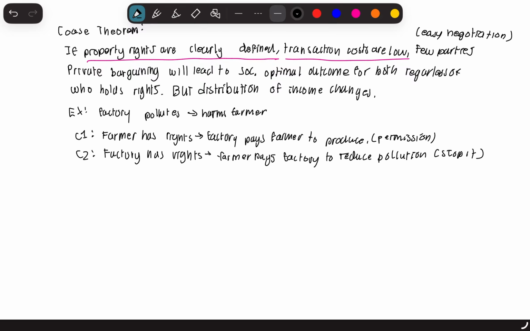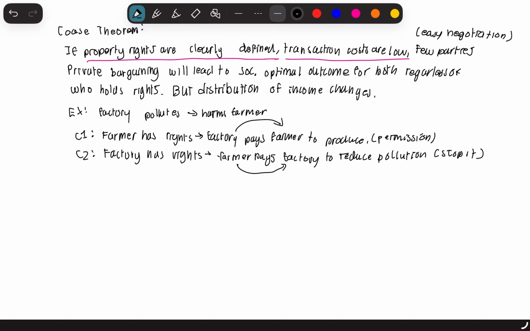In case 1, the farmer has rights. So the factory is going to pay the farmer to produce pollution. So the factory is going to get permission by paying a compensation to the farmer. Now in the second scenario, the factory also has rights. So it's going to keep doing what it's doing. But the farmer is going to be the one to take action, and it's going to pay the factory to reduce the pollution. So you're paying the factory to stop what they're doing.